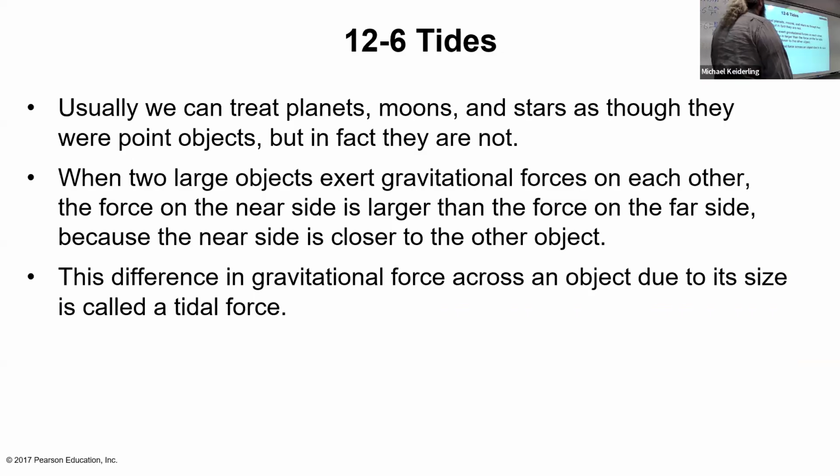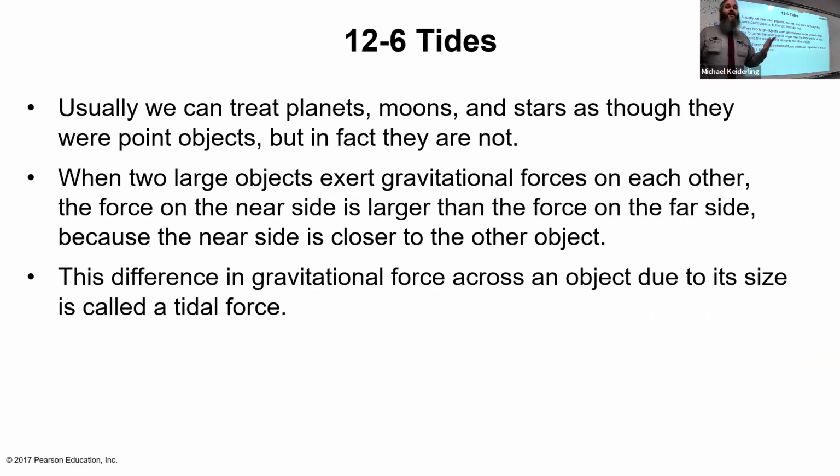Now, usually we can treat planets, moons, and stars as though they were point objects, but in fact, they are not point objects. Things have extent. When two large objects exert gravitational forces on each other, the force on the near side is larger than the force on the far side, because the near side is closer to the other object.